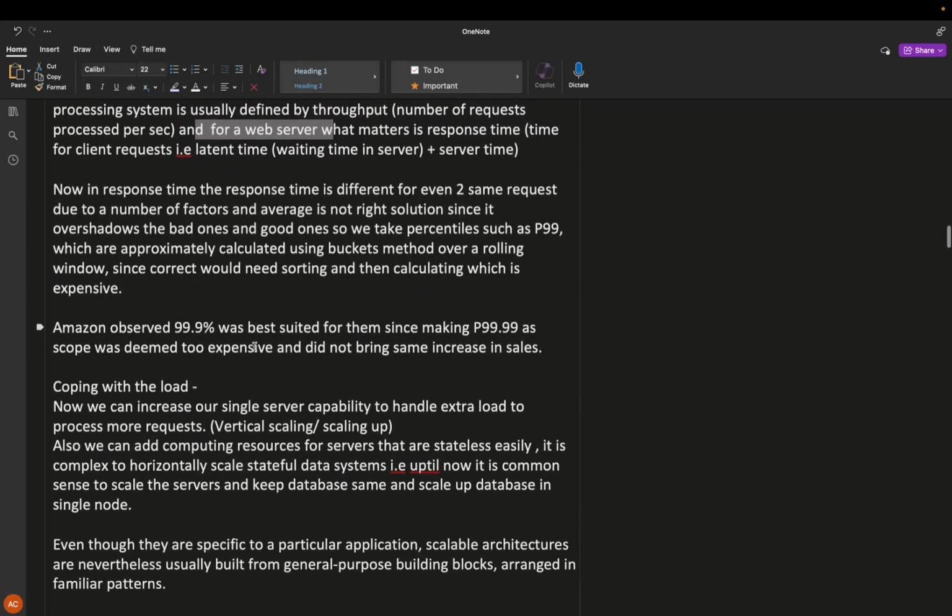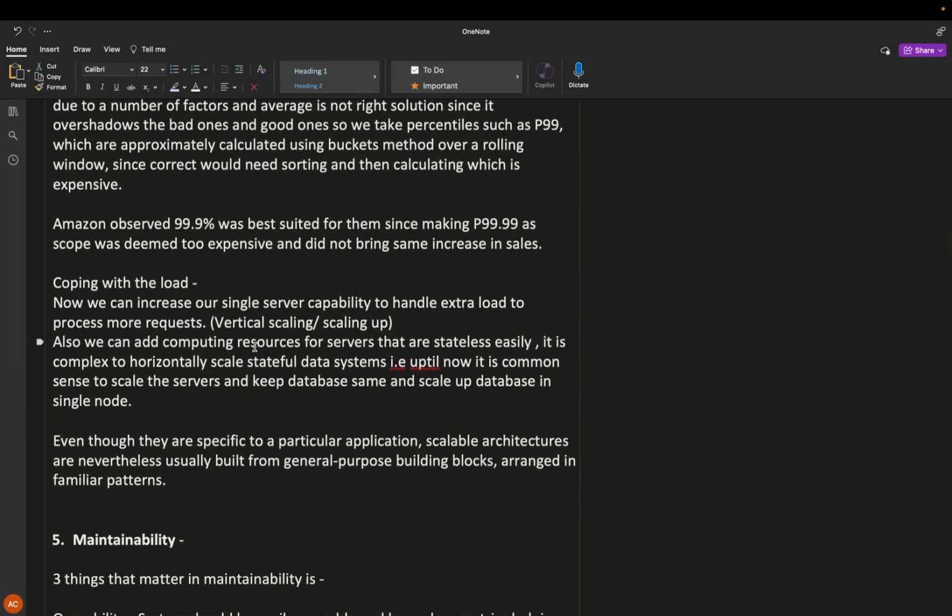We don't want to decrease the performance, so how are we going to cope with that load?